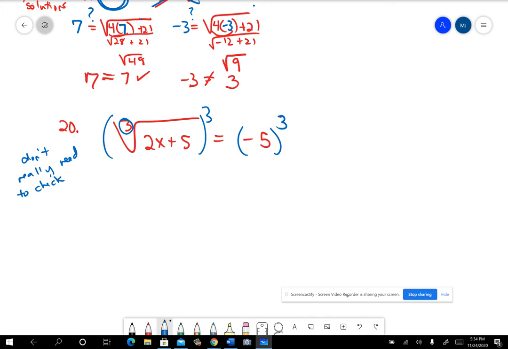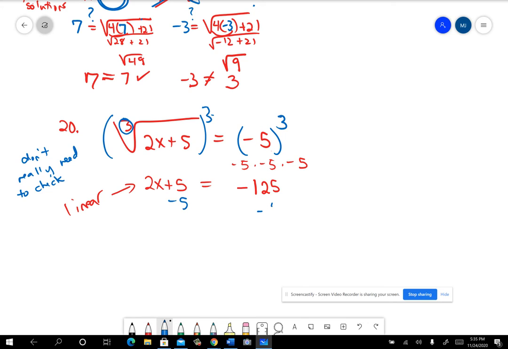Okay, so if we cube both sides here, the cube will undo the cube root, and you'll get just 2x plus 5 with no radical. Then over here, think about that as -5 times -5 times -5, or just do it on your calculator. You get -125. Now this equation, unlike the previous one, is just a linear equation.